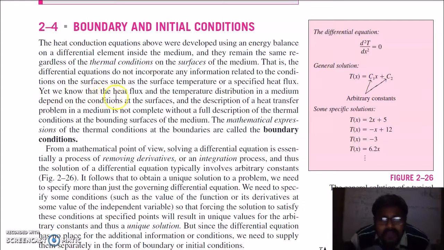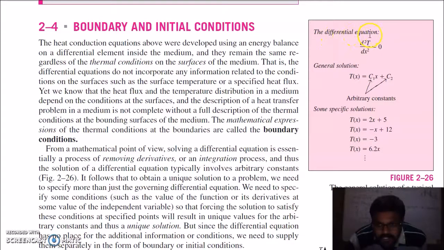Yet we know that the heat flux and the temperature distribution in a medium depend on the conditions at the surface, and the description of a heat transfer problem in a medium is not complete without a full description of the thermal conditions at the bounding surface of the medium. The mathematical expression of thermal conditions at boundaries is called boundary conditions.